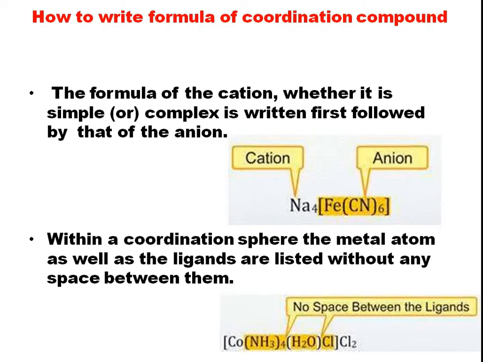Firstly, we will discuss how to write the formula of a coordination compound. The formula of a coordination compound is written in such a way that firstly we write the formula of the cation. If a complex compound contains two components, cation and anion, the cation is written first and the anionic part is written after the cationic part.